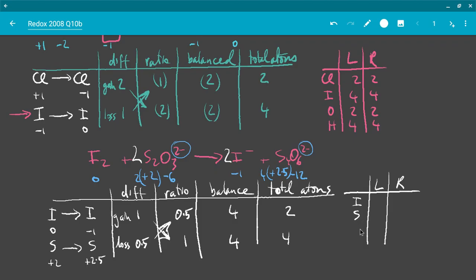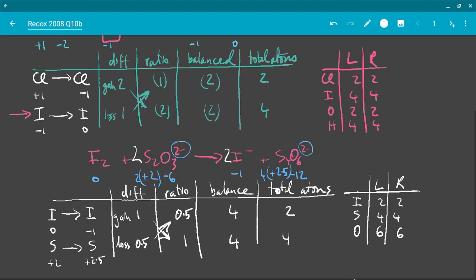Iodine, sulfur, and oxygen, no hydrogen. Iodine we've done 2 and 2, sulfur 4 and 4, oxygen: we've got 6 on the left, and 6 on the right as well, so that balances.